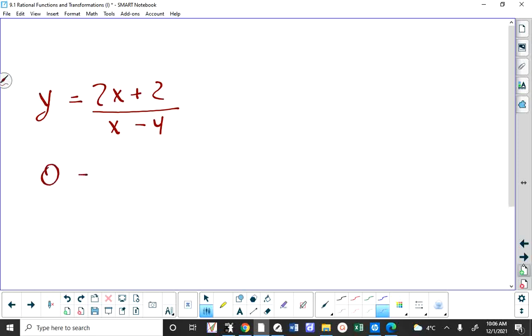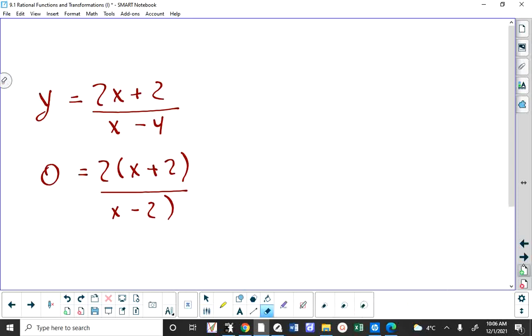If you let y equal 0, this will be an important thing later. I'm not actually going to rearrange this for x. If this rational function that we're looking at, which is a fraction, is equal to 0, the only way that can happen is if the top of the fraction is equal to 0.